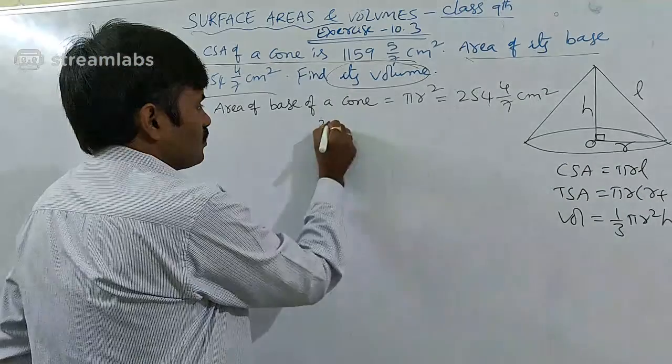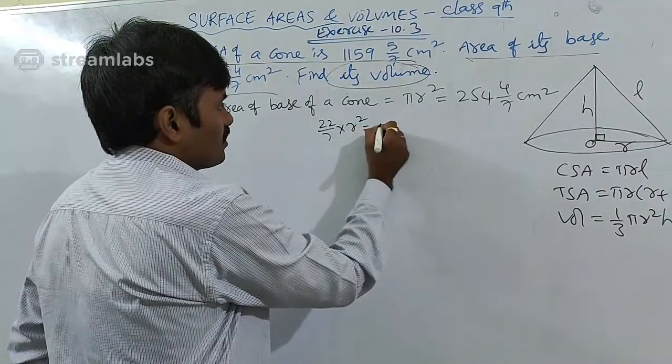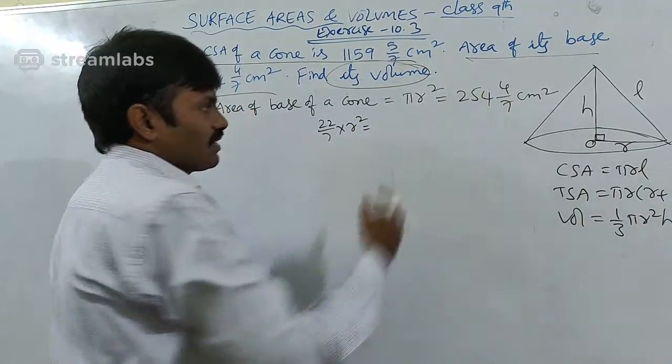So now let us see: 22 by 7 into r square is equal to 254 4 by 7.